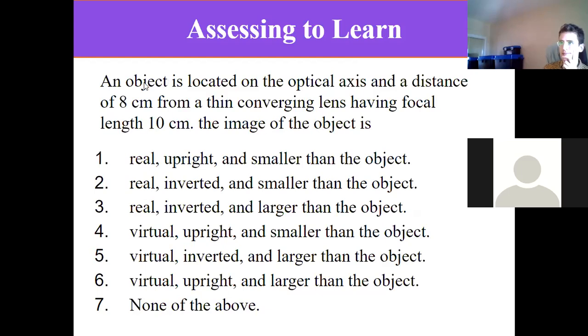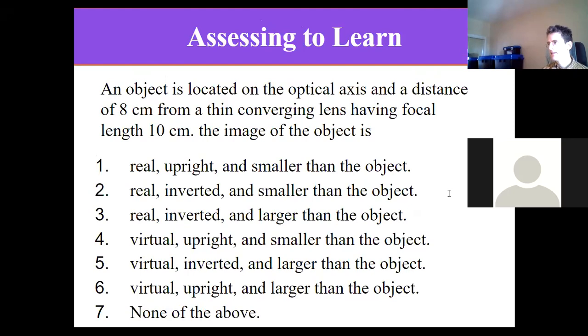So you can do this both ways. You can use the lens equation, and you can also use the ray diagrams, right? Both of them should be there to double check each other. The lens equation tells you exactly where the image is if you know the object distance and the focal length.